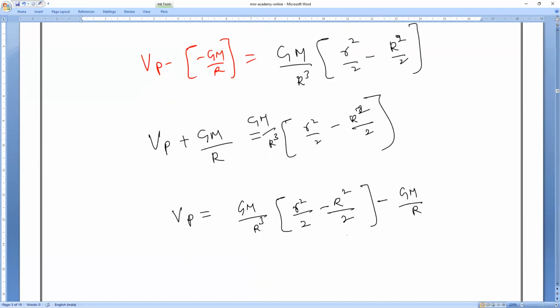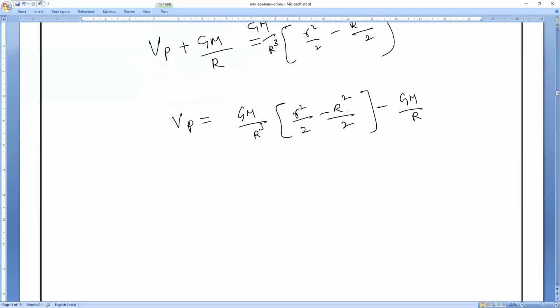Yes, all of you. Now, from this, take the minus common. If I take the minus common, what will happen? Everybody, minus common. Then what will happen? You should tell me. Minus Gm by R cube, which is equal to, minus is taken off, and inside all will turn up into positive, negative will be turned up into positive.